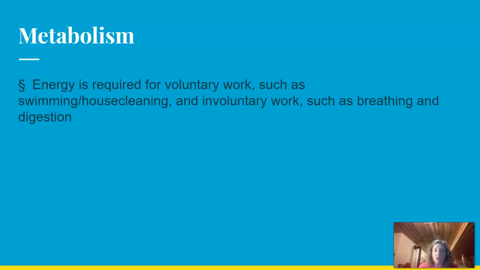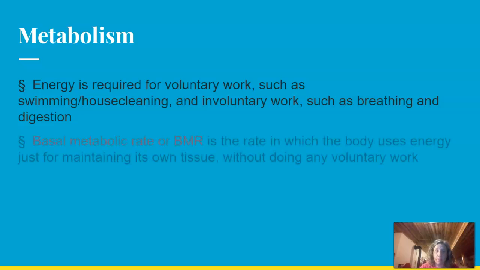Energy is required for our voluntary work, such as swimming and house cleaning, and involuntary work, such as breathing and digestion. Of course, energy is used constantly with our bodies because we're always breathing, most of the time digesting food, and also moving around.